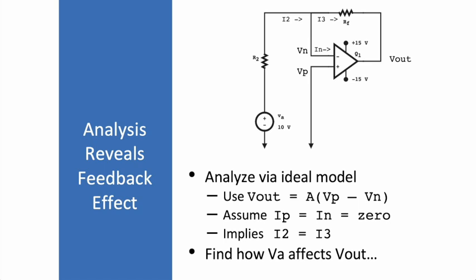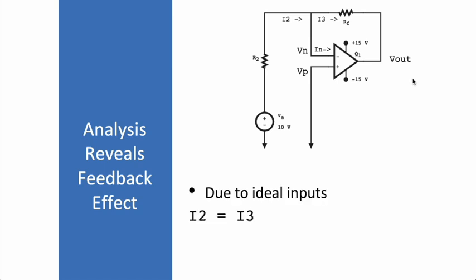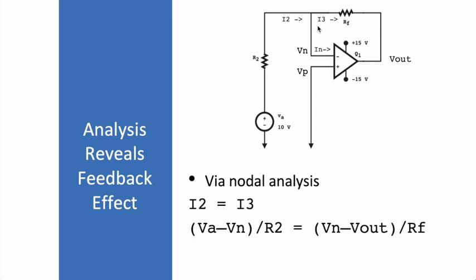Now let's see how this input VA affects the overall output Vout. So due to the ideal inputs, I2 equals I3. Using the node voltage technique of analysis, nodal analysis, we can get I2 as (VA minus Vn) divided by R2. We get I3 as (Vn minus Vout) over Rf, the feedback resistor.